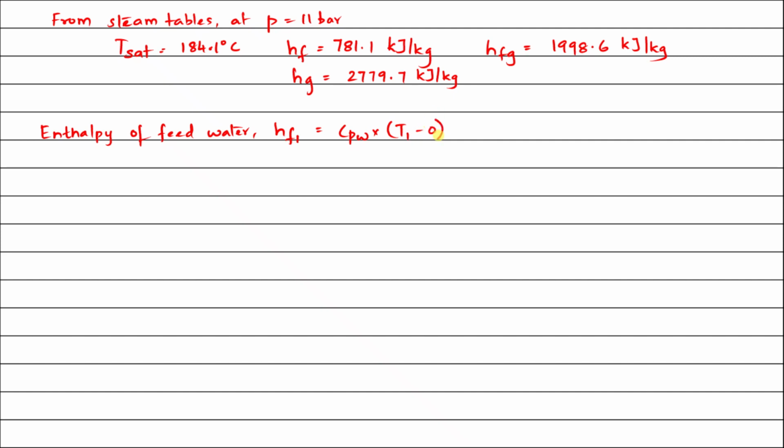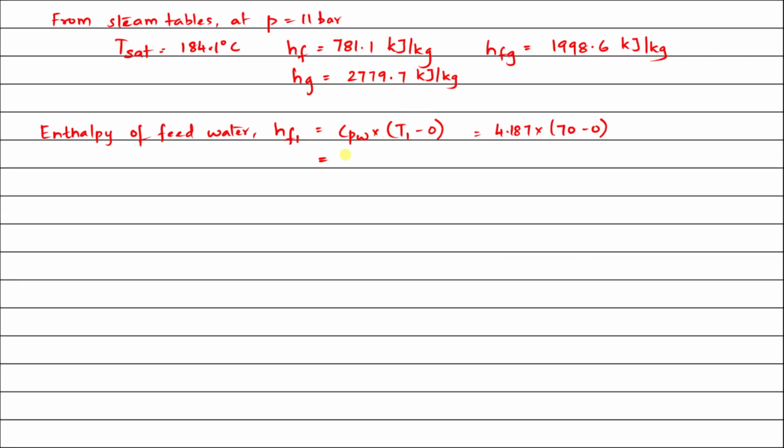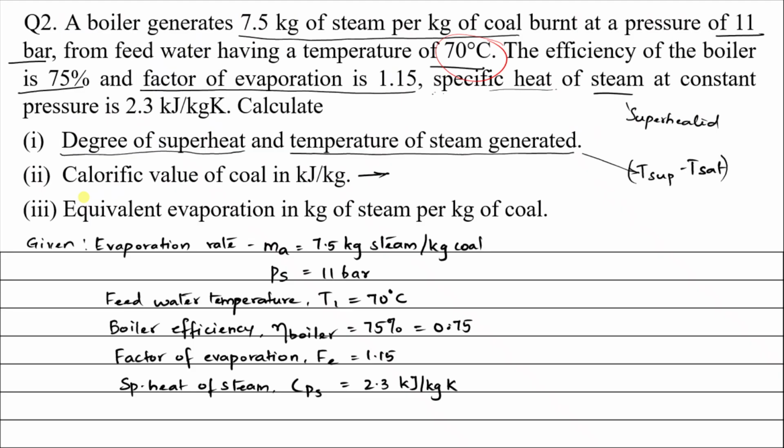That is Cp of water into T1 minus 0, so CPW 4.187 multiplied by 70 minus 0, because in the question the temperature of the feed water is 70 degrees Celsius. So HF1 I am getting as 293.09 kilojoule per kilogram.